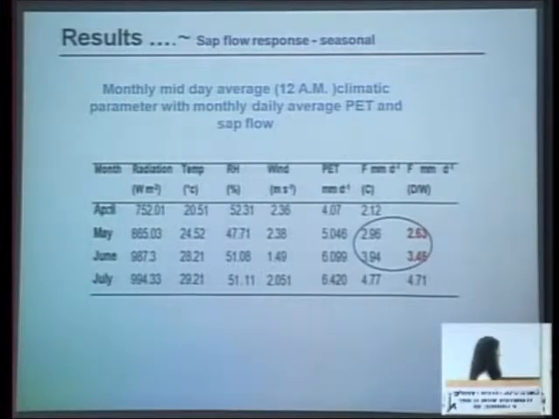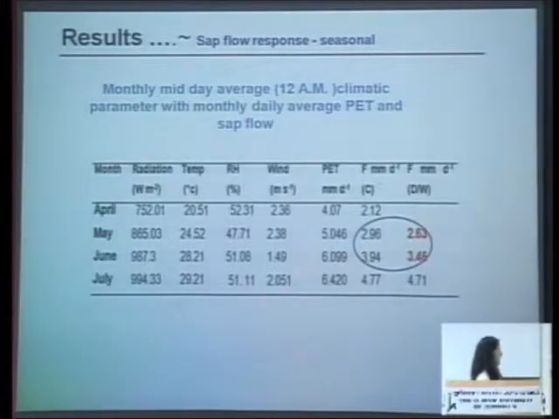We found that from April to May, June, July every parameter is increasing, and the relative humidity is around the 50 range. The wind speed is also higher in July, and the potential evapotranspiration also increased with the summer peak.